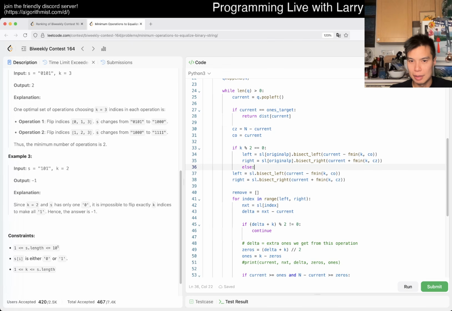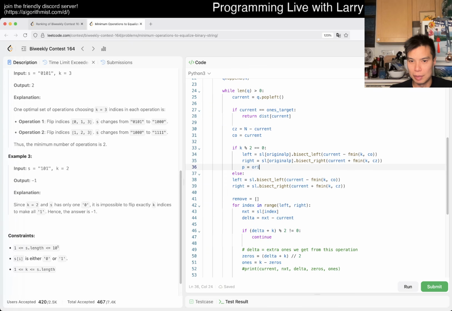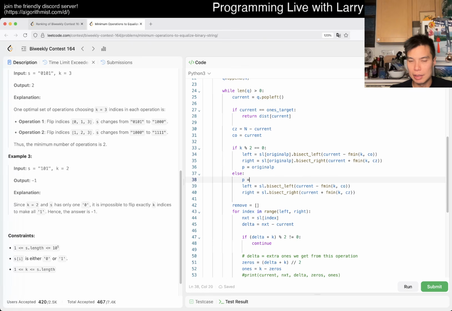Else. And we set P is equal to original P because we don't want to change it anyway. Otherwise, P is equal to 1 minus current mod 2 because then we want the other one, right? So then now that's also fine, right?